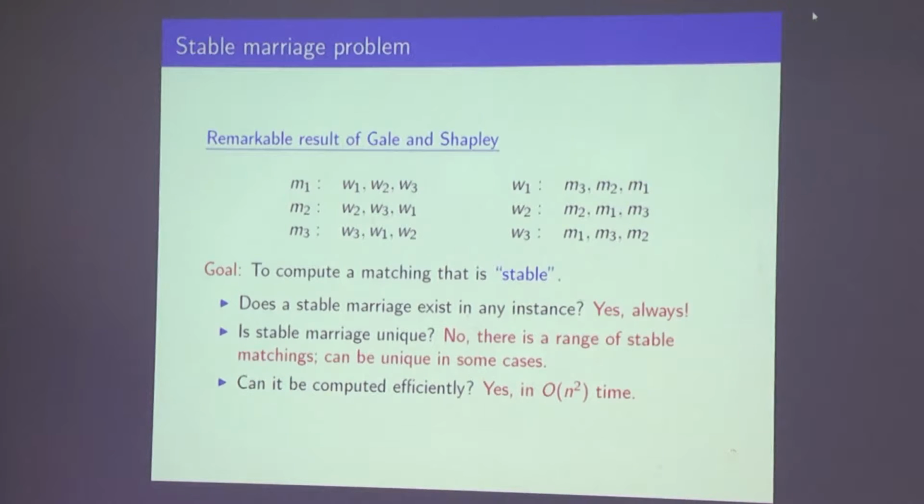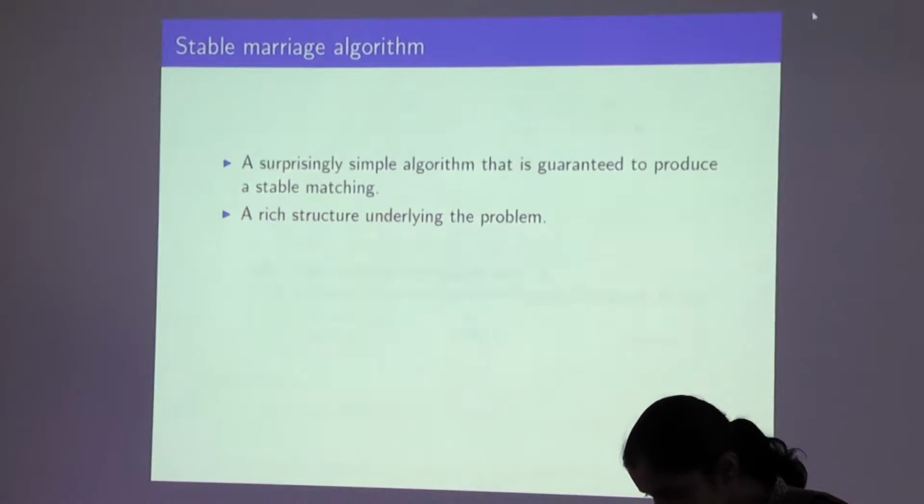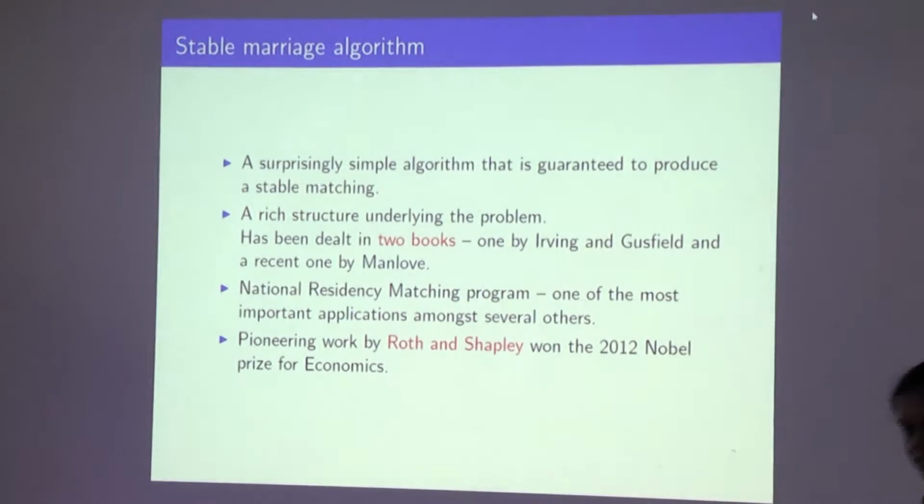So how does this connect to our questions that we asked earlier? When we talk about this joint seat allocation, in fact the students are on the side of the men, or are going to be representatives of the men.